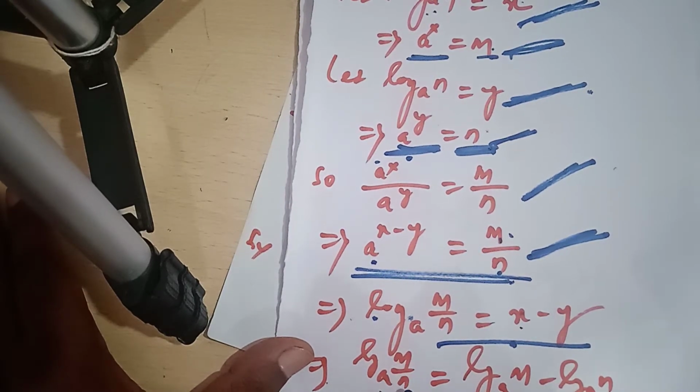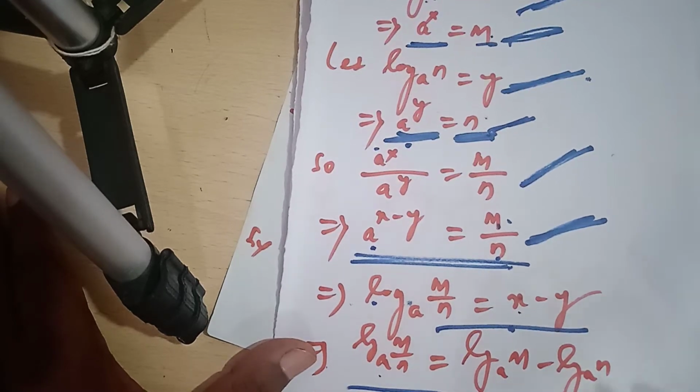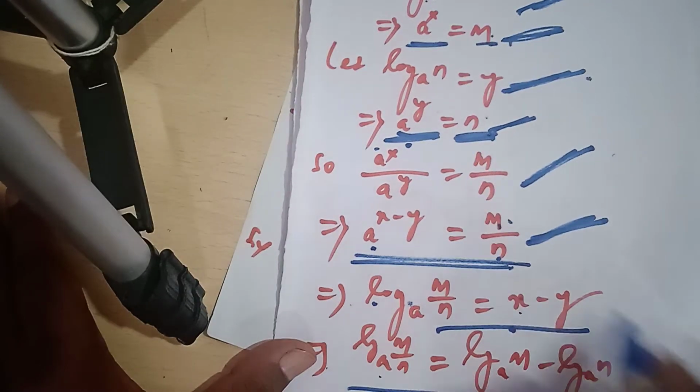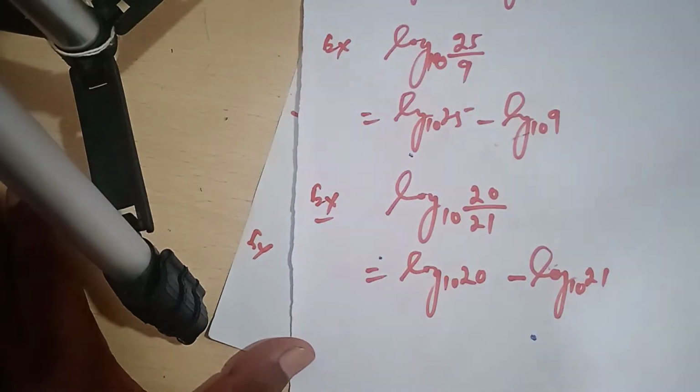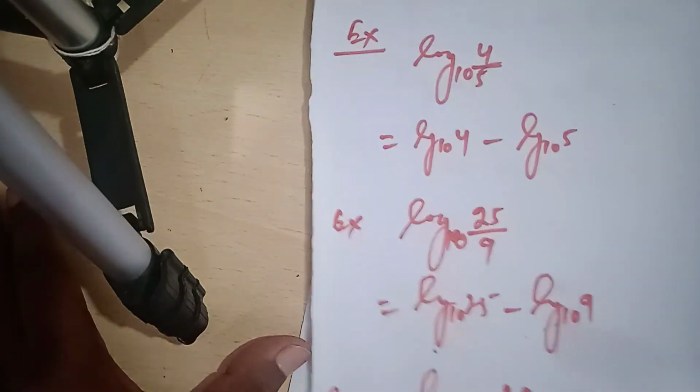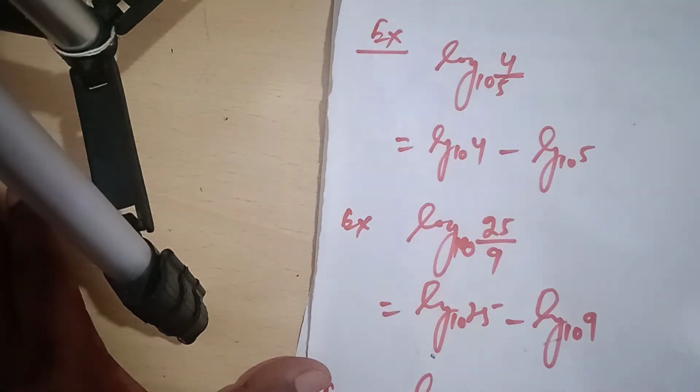So log m by n to the base a is equal to log m to the base a minus log n to the base a. This is the division rule. This division rule can be expressed shortly by making three examples.